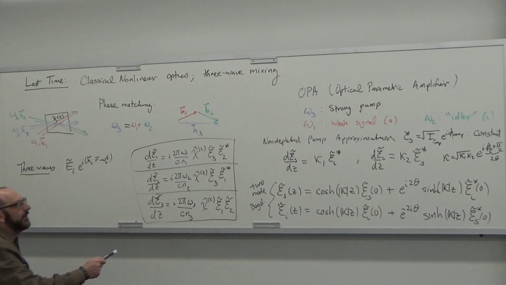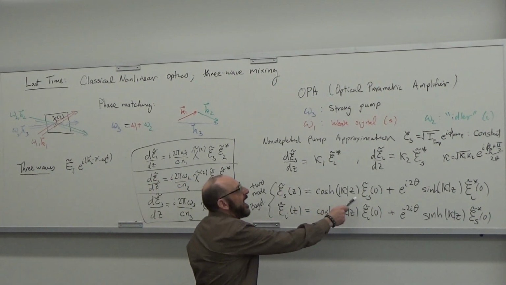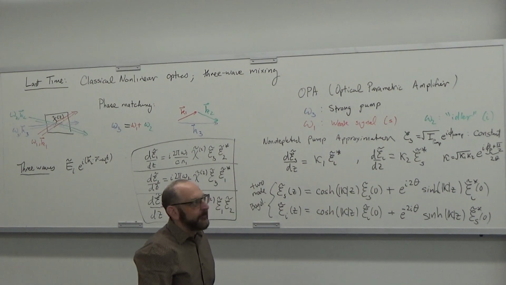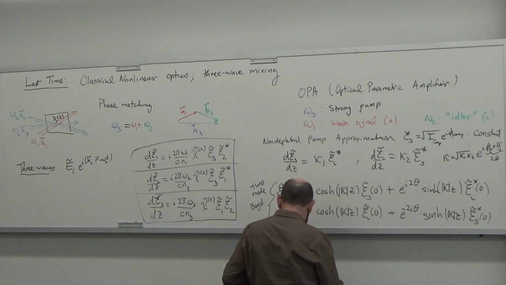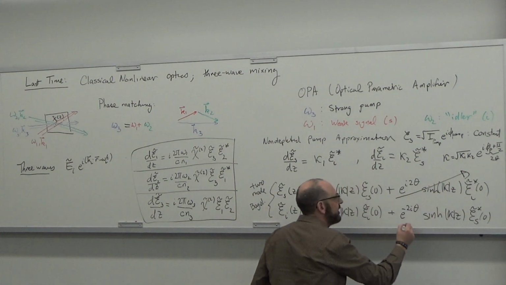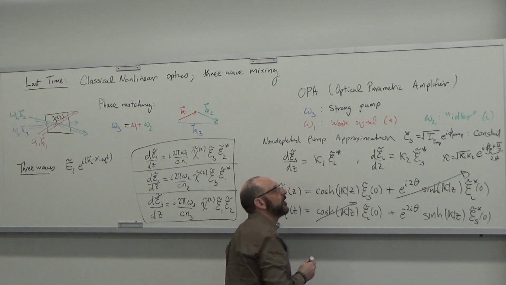And what we see here is that we get an amplification of the signal. Even if we put nothing in the input at the idler mode, we could just neglect those two terms.